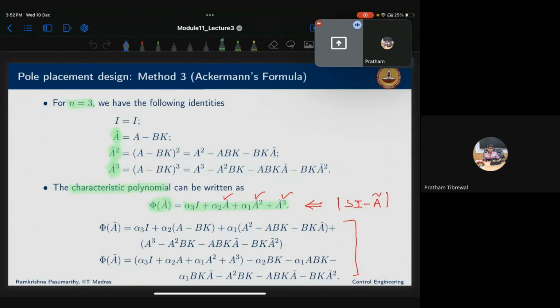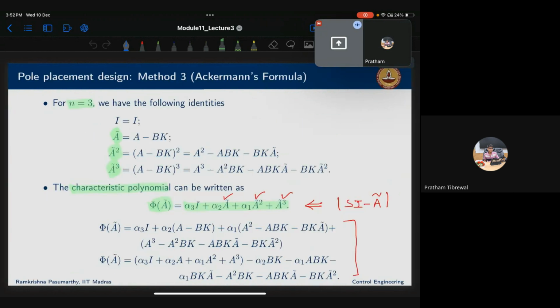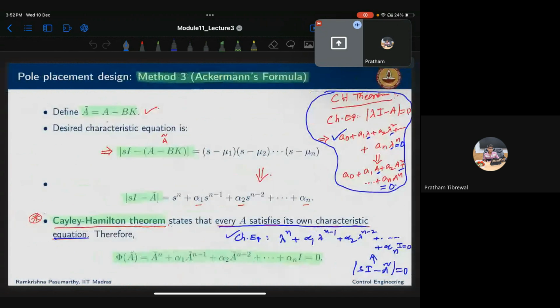Here you can see this phi of A. What you do is simply find this equation first, which is nothing but the determinant of sI minus A. Not A, this is A with a tilde, so you find delta I minus A. Once you get that, you will get it in terms of delta.